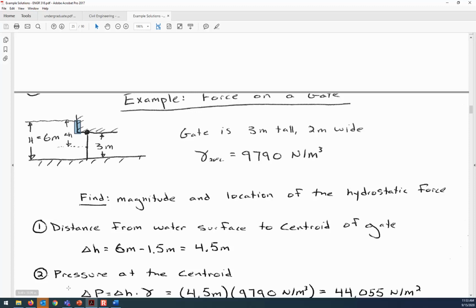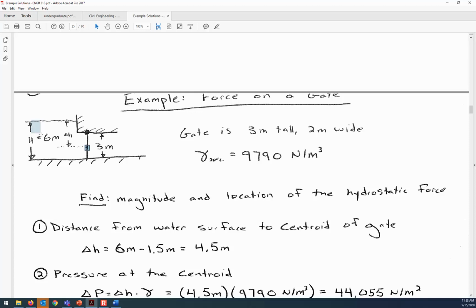In other words, the way that I set it up down here is I said, here is the centroid, and it's 1.5 meters from the bottom. So delta H is 4.5 meters. That means that Y bar is 4.5 meters since it's vertically oriented. Okay, so now that I've talked through it, does everybody see the delta H is 4.5 meters?